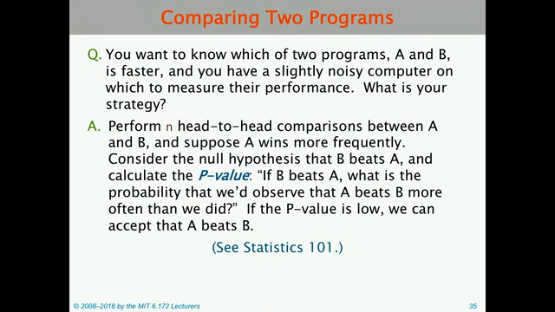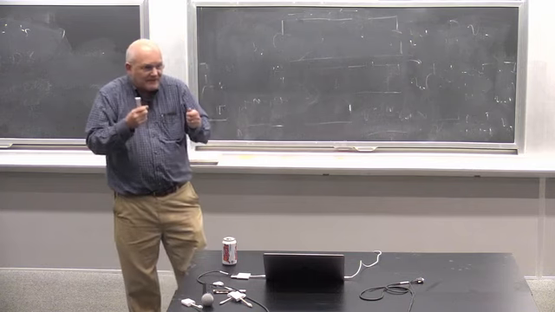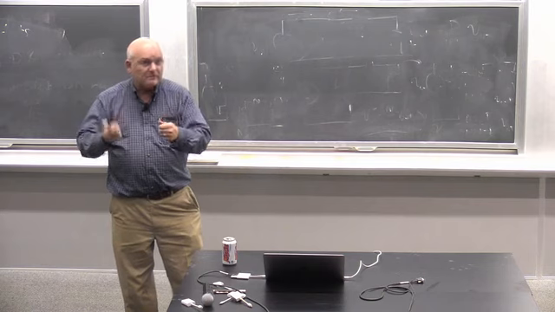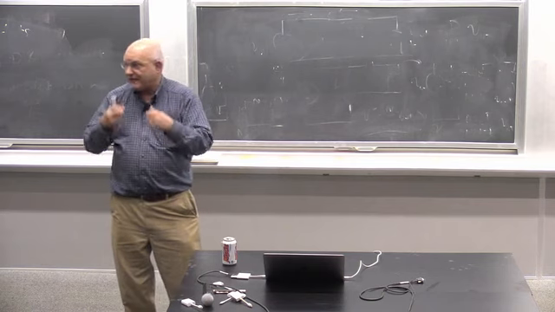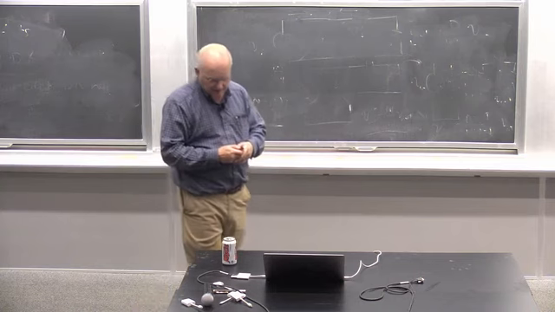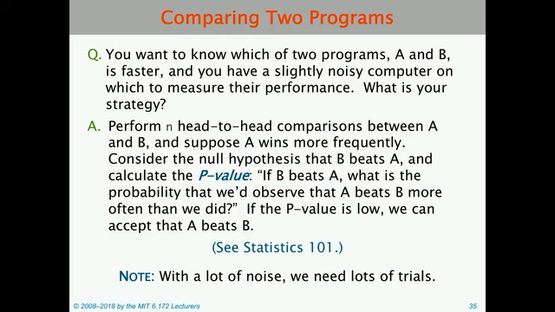And that may be a more relevant question, because you're not always going to have a completely quiet system. You may have a lot of noise going on in the system, and you'd like to know which one is going to behave better in that actual system. So this methodology is pretty good. Note that with a lot of noise, we need lots of tries.